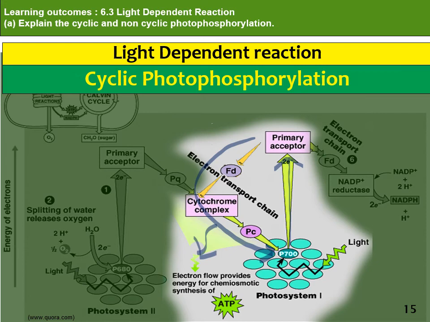So this ATP is generated by cyclic photophosphorylation.